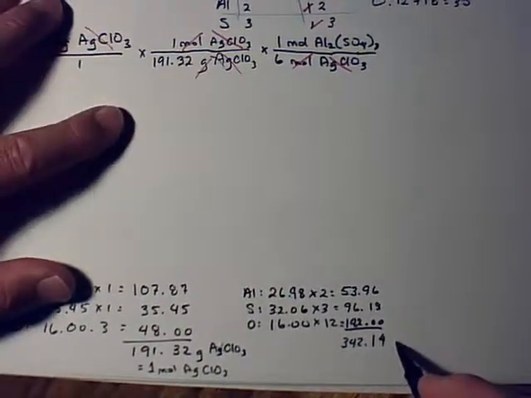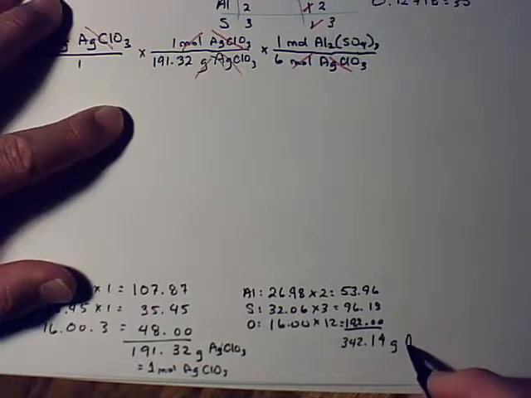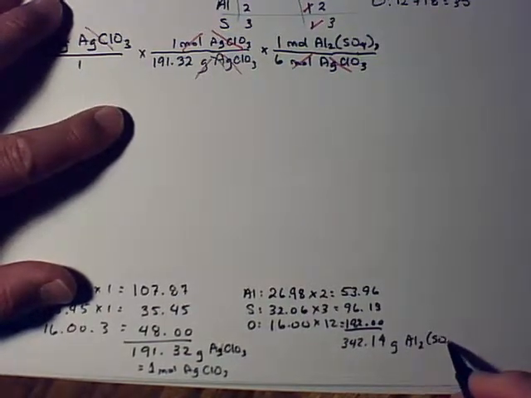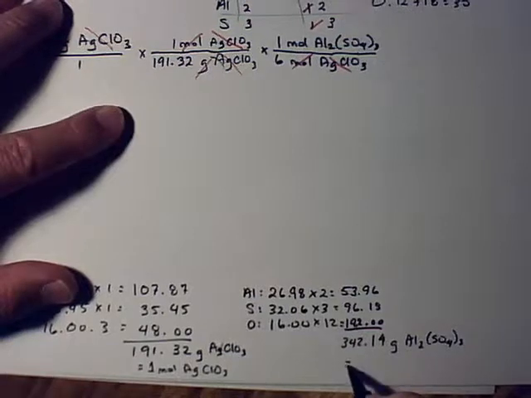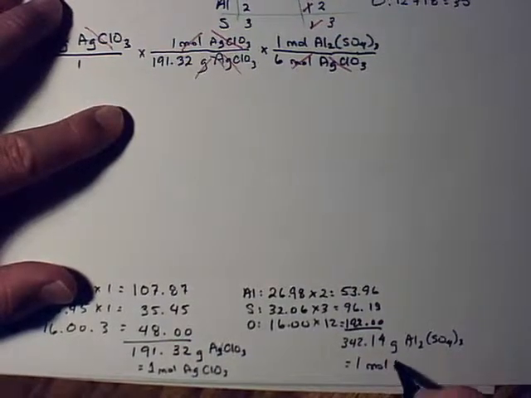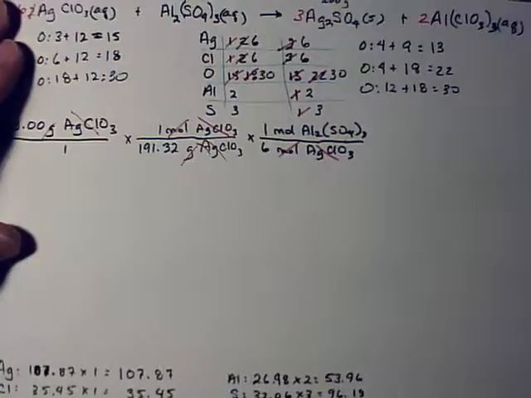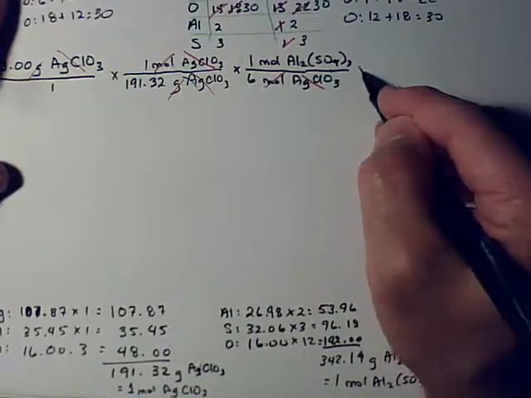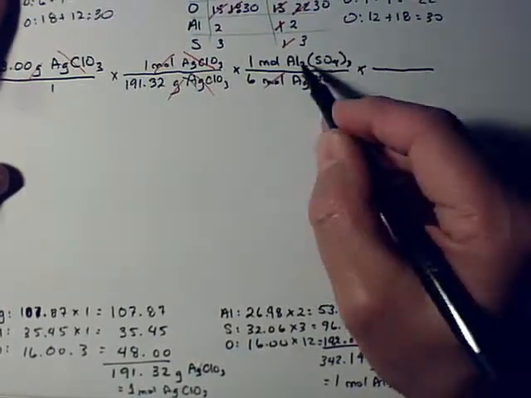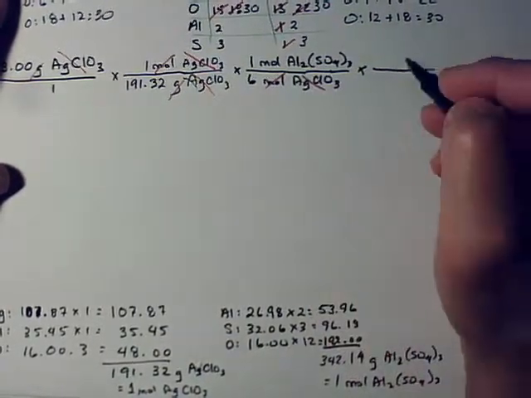All right, so this is grams of aluminum sulfate, and that's equal to 1 mole of aluminum sulfate. And I can build another molar mass conversion unit up here, only this time moles are going to go on the bottom so I can cancel those moles.